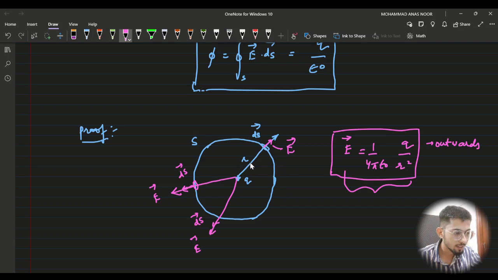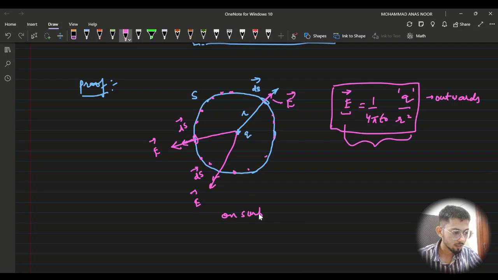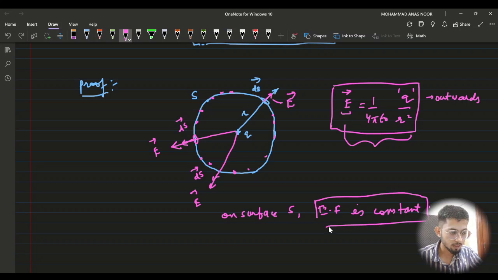Because the radius is the same and all of these are constant. q is already fixed, 1 by 4 pi epsilon naught is also a constant, and r is also fixed on this surface. So this will be the electric field at all points on the surface. So we can just say that on the surface S, electric field is constant. Now first note this thing, that electric field on the surface is constant.